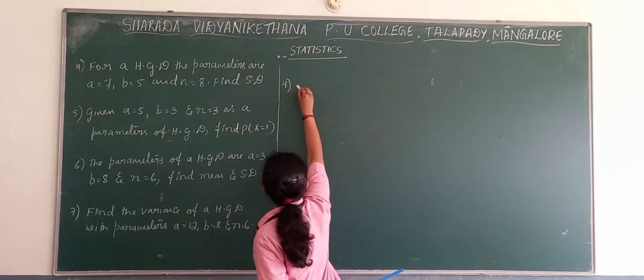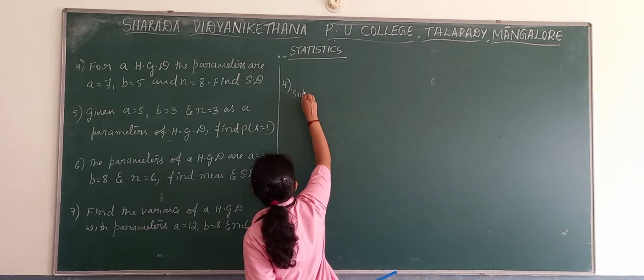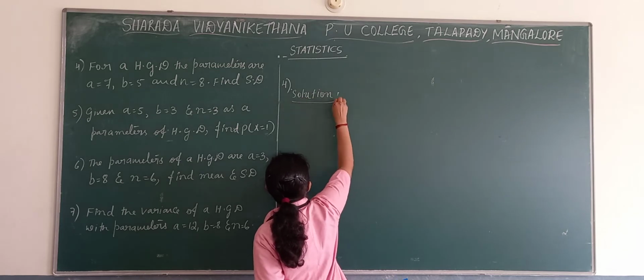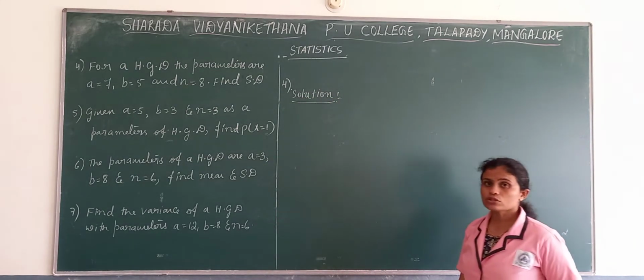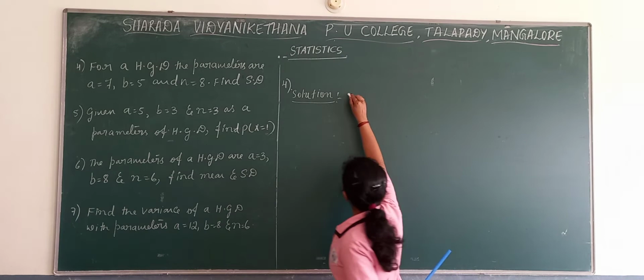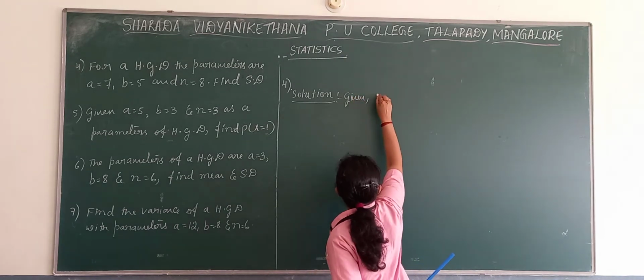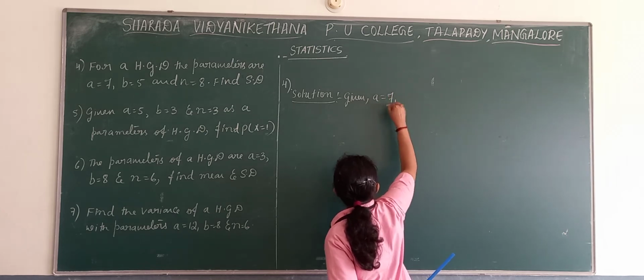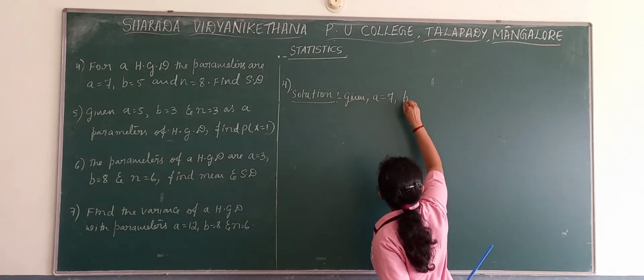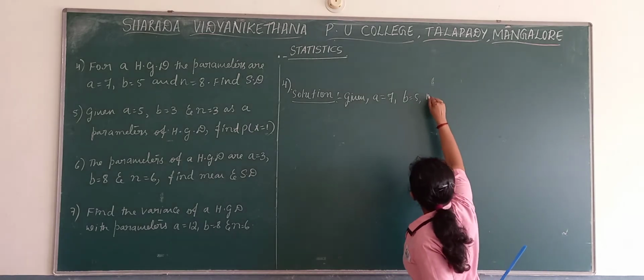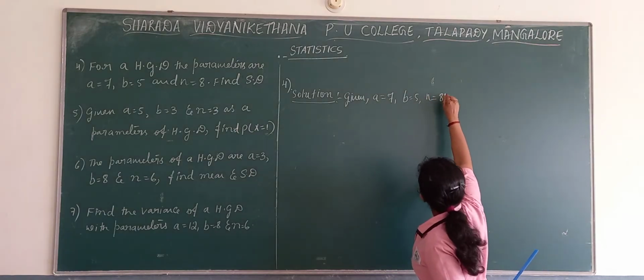Now in the solution, we will write the given values as they are. Given: a is equal to 7, b is equal to 5 and n is equal to 8.